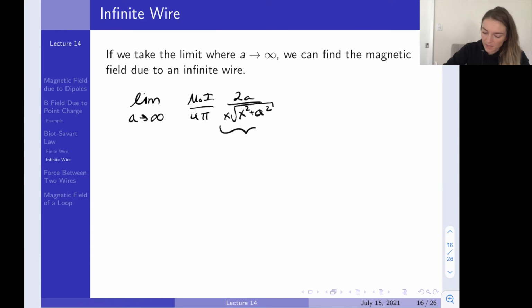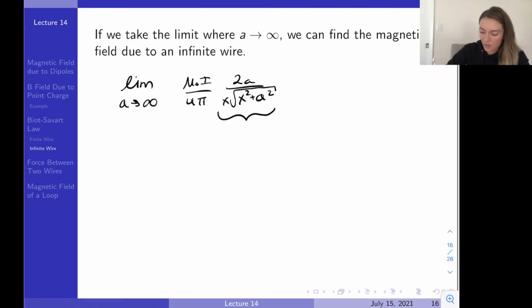The limit will simplify to 2a over x, and then this term here goes to just a, since a is much bigger than x. It will be the square root of a squared, so that just goes to a. So this term just simplifies to 2 over x.